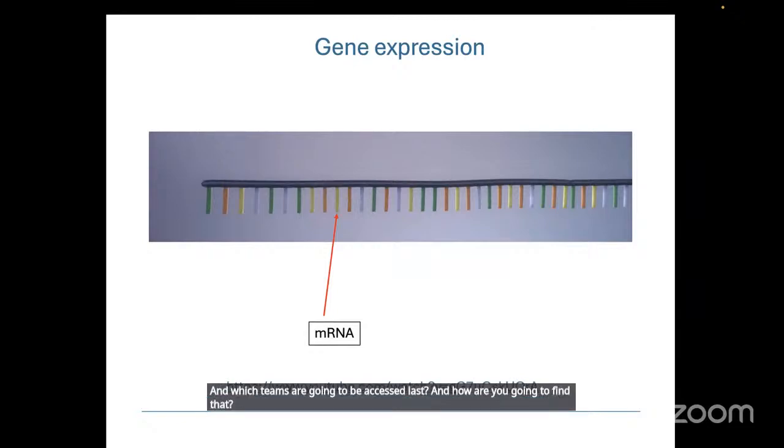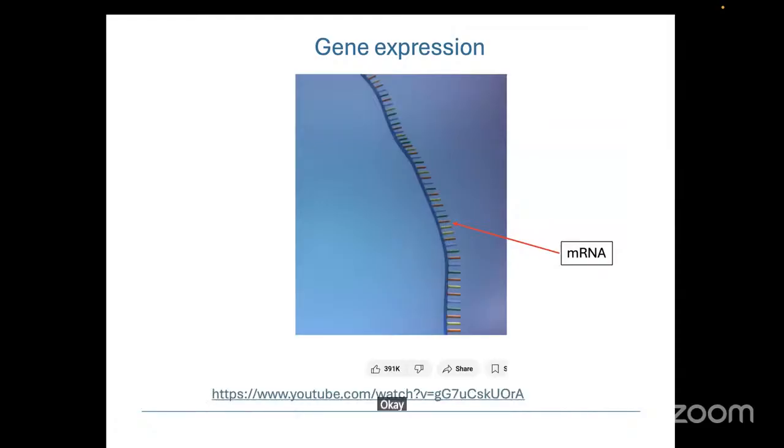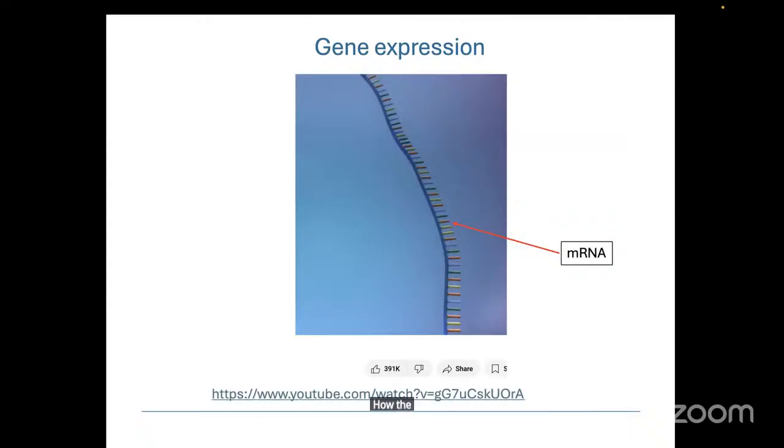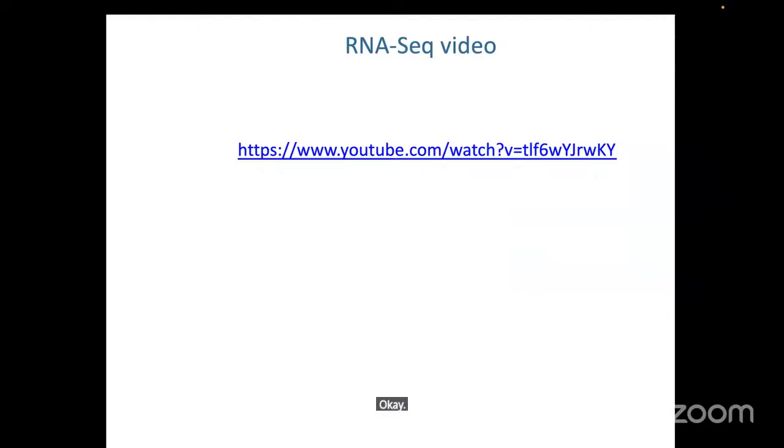Because of this messenger RNA. That's why it's called RNA-seq. Basically, that's what gene expression RNA-seq analysis is. You're trying to find out how the genes are being expressed and what the quantity of that is. Okay, I want to start with that. But now we're going to watch a video of the process of analyzing RNA-seq.